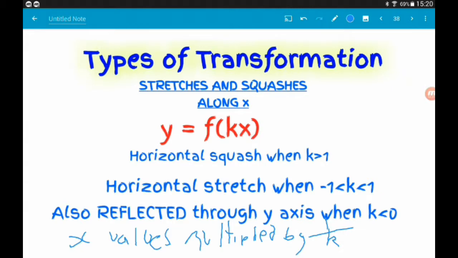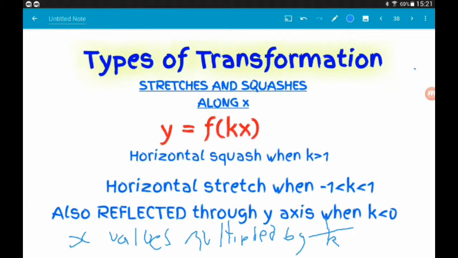When k is between -1 and 1, so again it's either fractional or decimal, that actually stretches the graph along the x-axis. And again here, if k is negative, then we also get a reflection in the y-axis this time. So again with x, a little bit counterintuitive.